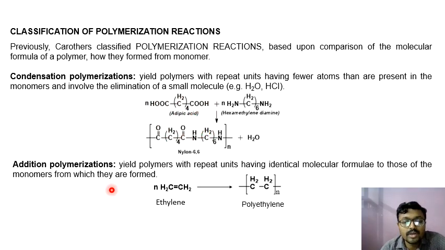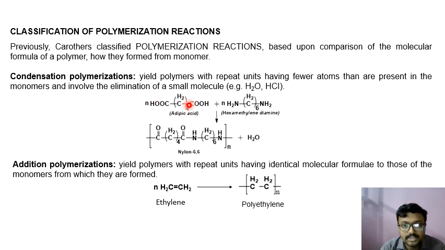Another one is addition polymerization reaction, where no such molecule is eliminated from the reaction. In addition polymerization, monomer units are attached with each other. When the addition polymer is formed, the number of atoms present in the repeating unit is the same as the number of atoms present in the starting monomer molecule.